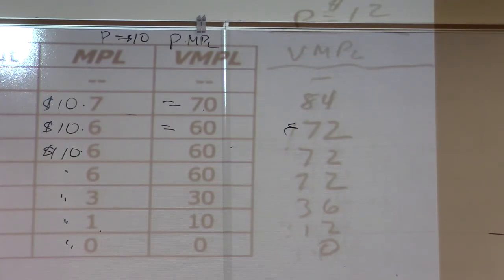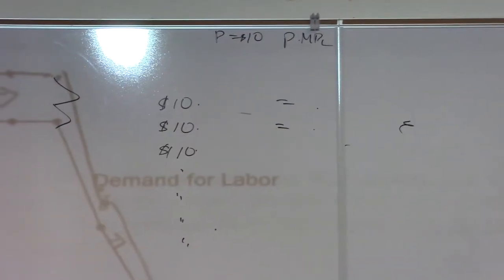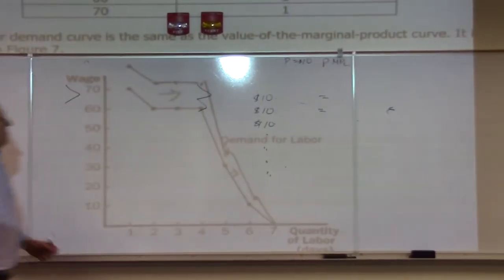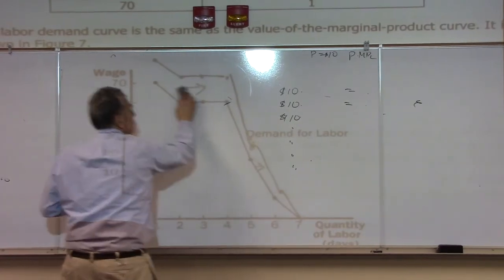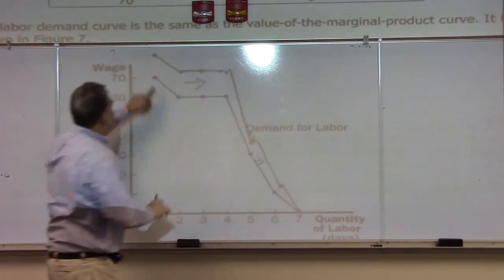So if we had to graph it, this is what the graph would look like, or the 2 graphs, okay, from these data in the 30 seconds I have left. Those 2 value of marginal product curves, here's the initial curve.